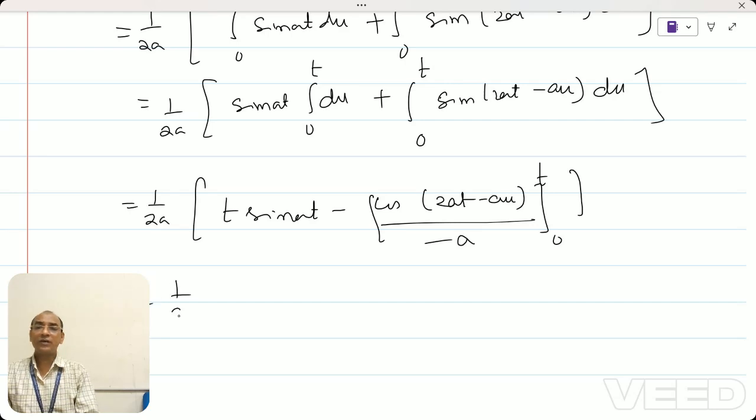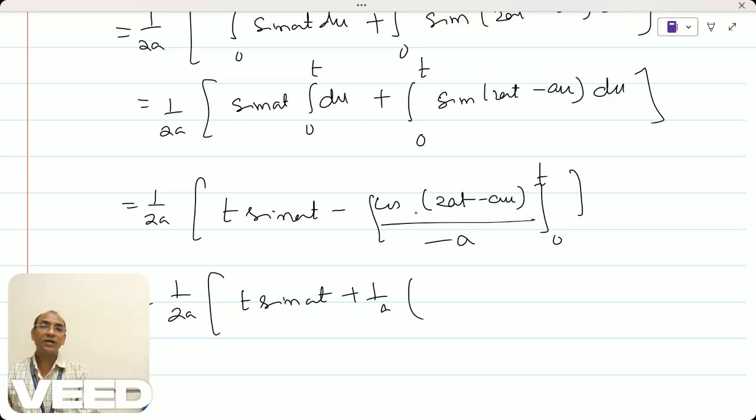So finally we get t sin at, and then minus minus will be plus 1 by a, and the remaining: if I put u equal to t, I get cos at, and if I put u equal to 0, I will get minus cos 2at.